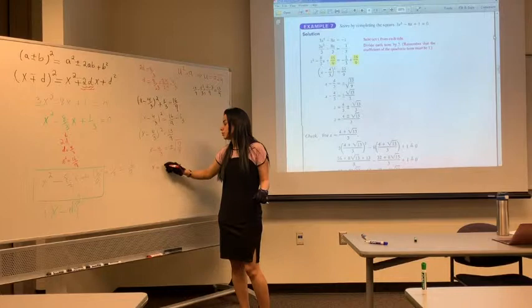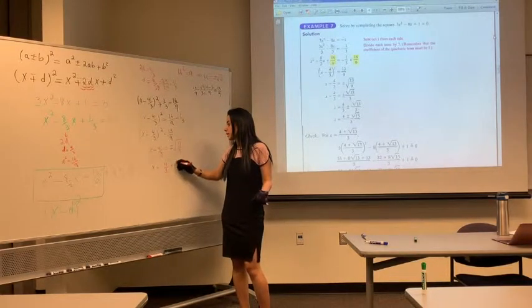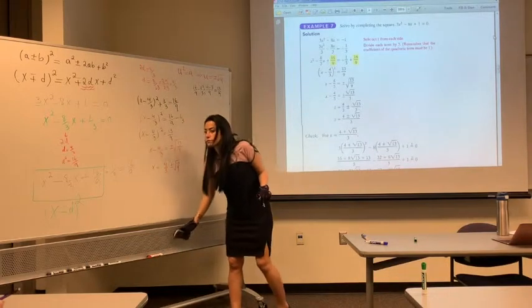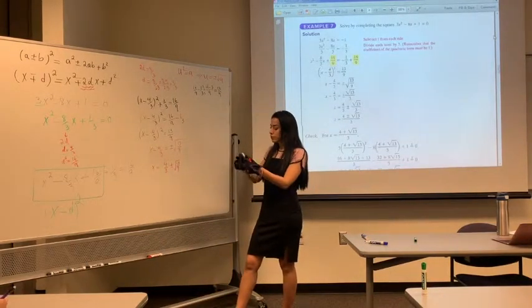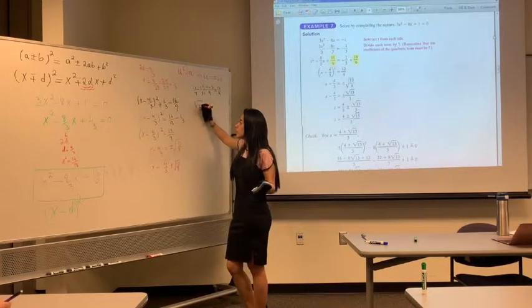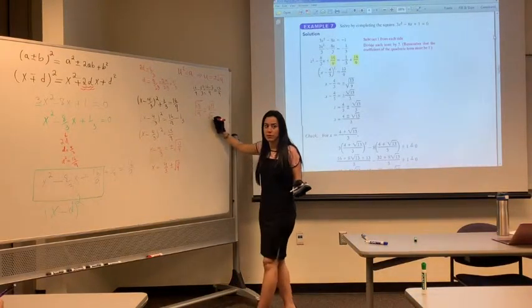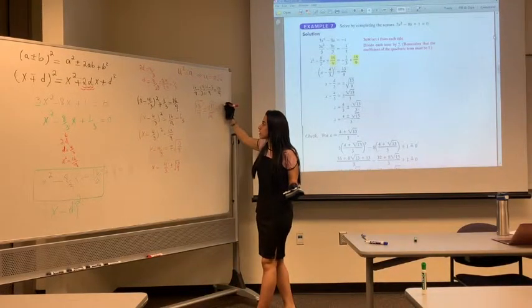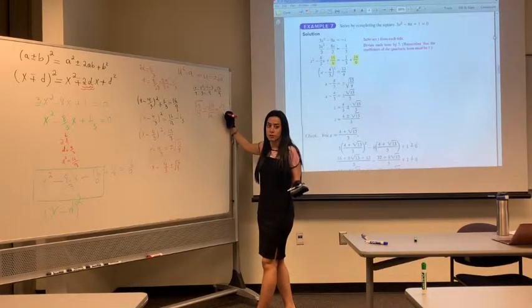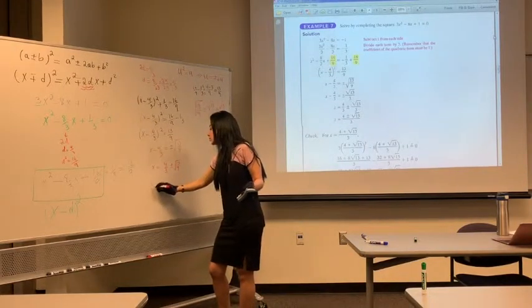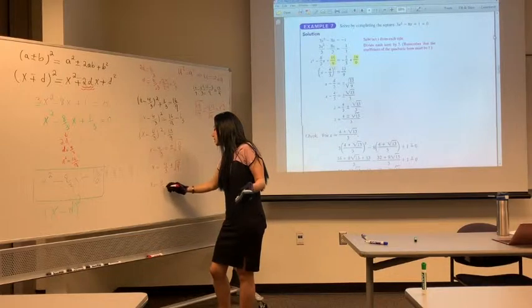So x is equal to 4 over 3 plus or minus radical 13 over 9. Let me show you one thing. Radical 13 over 9 here is equal to radical 13 over radical 9. Am I right? So radical 13 over 3. So we should write down x equal 4 over 3 plus or minus radical 13 over 3.